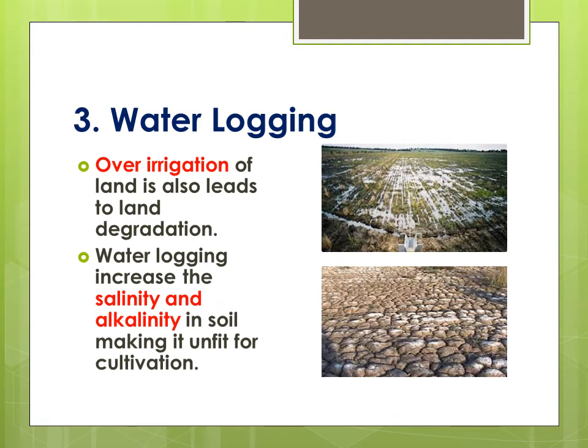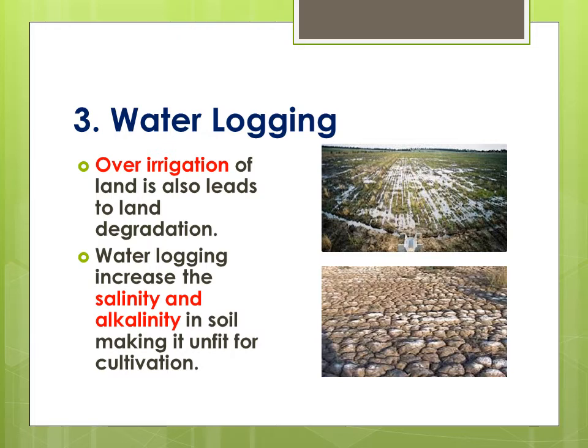Next is waterlogging. Over-irrigation of land also leads to land degradation. You see in this photo, a lot of water is given to the land which is not required. When waterlogging increases, the salinity and alkalinity in the soil increase, and it makes the land unfit for cultivation.